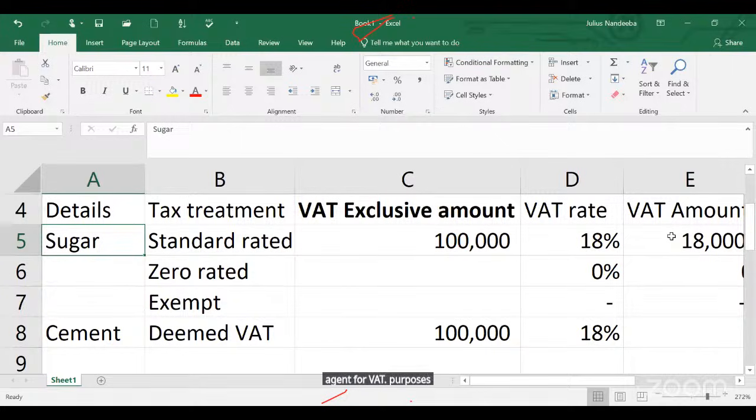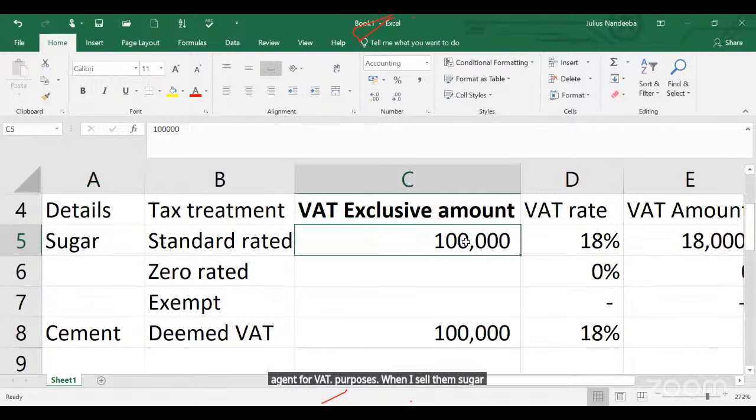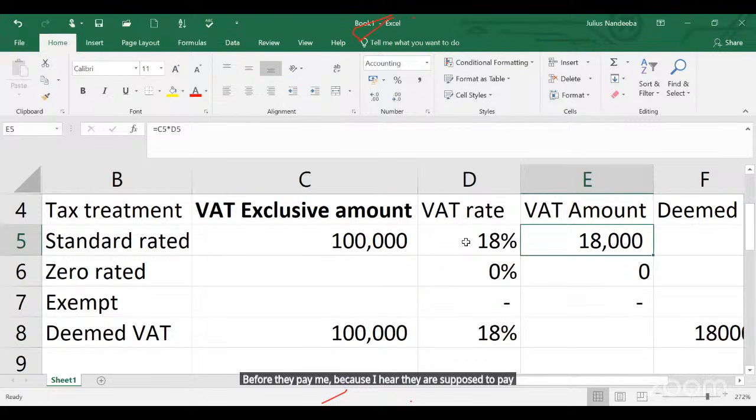When I sell them sugar worth 100,000, they are supposed to pay me 100,000 plus 18,000, so 118,000. But if they are designated withholding agents and I am not exempted, they are going to withhold from me before they pay me. And what they have withheld from me, I must recognize in my sales schedule.